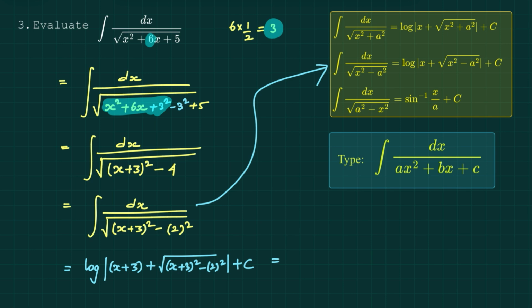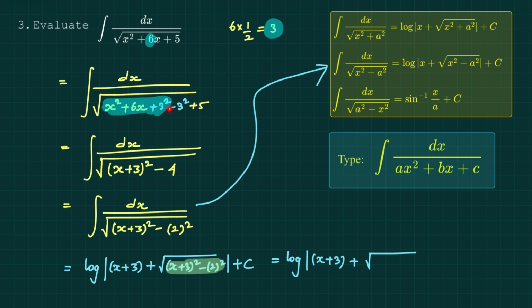So this equals to log of x plus 3 plus, now if we simplify the term inside this square root, then you see this term was actually x plus 3 whole square minus 2 square, which was x plus 3 whole square minus 4, and this we got from this step.